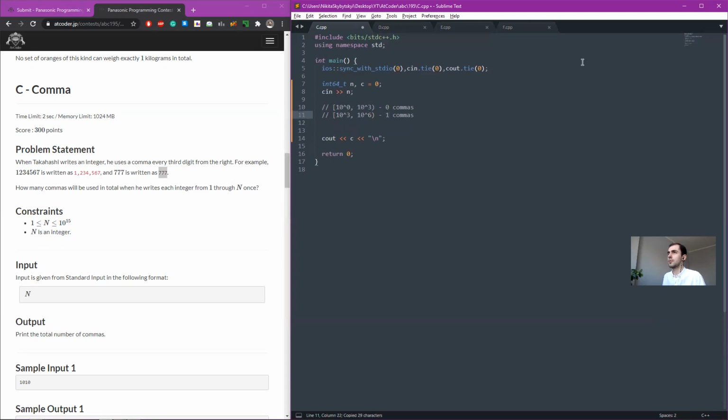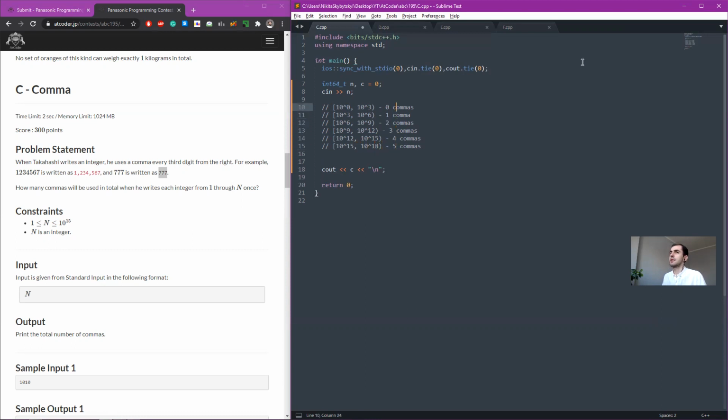Here we have 1 comma. I have 2 commas actually. Here we have 3 commas, 4 commas, and n can be equal to 10 to the 15, so we are going to say it's 5 commas.